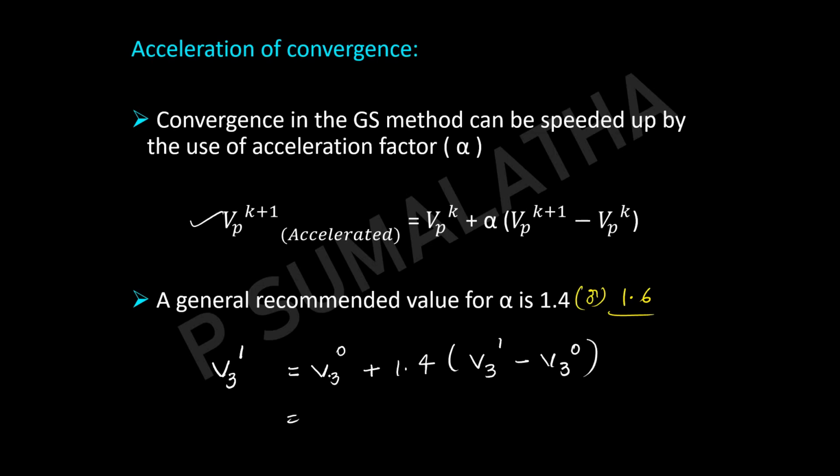Since it is a flat voltage profile, V3 0 is 1 plus j0, so it will be 1 plus j0 plus 1.4 into V3 1 minus V3 0. After the first iteration, whatever value we get, it may be 1.02 or 1.04 or it may be 0.99 also, minus V3 0 which is 1 plus j0. Whatever value we get here is the value we take for the voltage at the third bus after the first iteration, after considering this alpha.